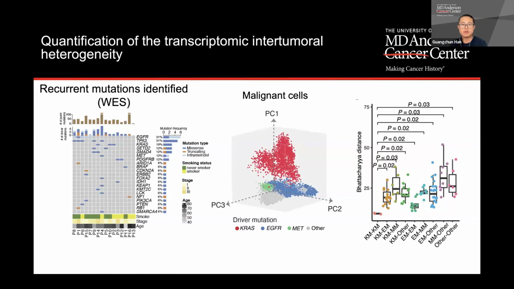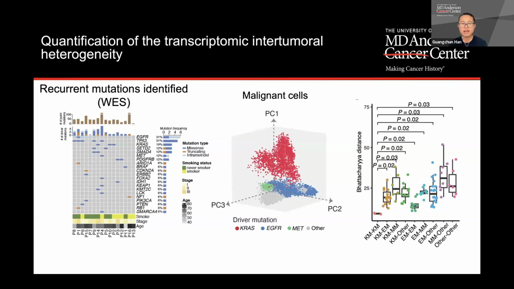The most striking difference we observed is that the malignant cells from the KRAS mutant sample seem to be quite different from the remaining malignant cells coming from the non-KRAS mutation samples. The KRAS malignant cells are distributed along PC1, which indicates that the largest variation within this data cohort is on this KRAS mutation signal.